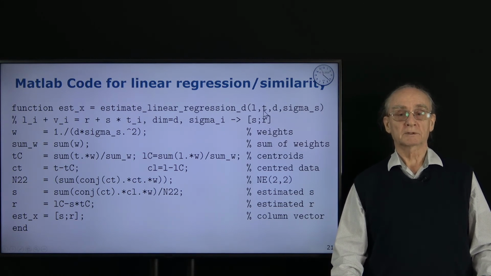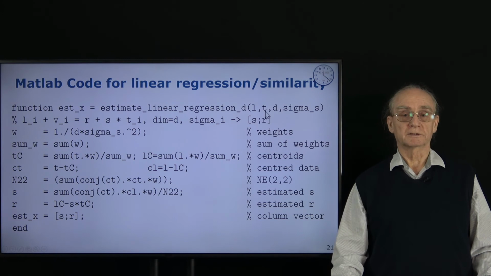If they are complex numbers, we have a 2D similarity transformation. D indicates whether we have a 1D problem, that means a linear regression. And if D is 2, we have a 2D similarity transformation. And we specify the sigmas for the data. You have here written down the documentation.